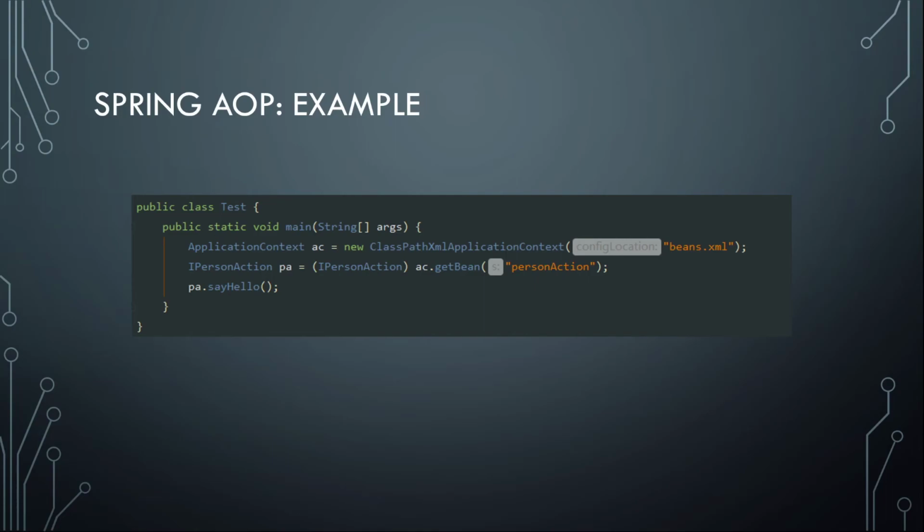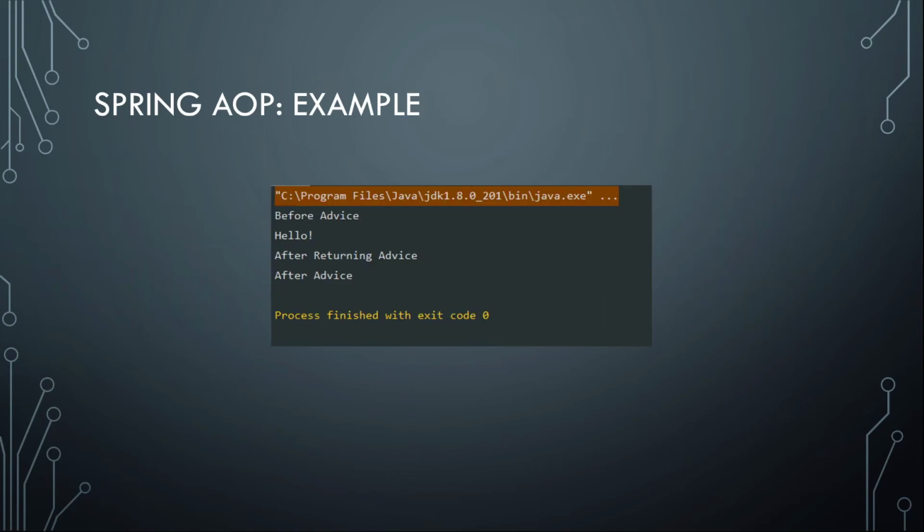First of all, I create a Spring IOC container based on the configuration file, and I get an object from the container and execute its sayHello method. As you can see from the result, before advice, after returning advice, and after advice are all executed.